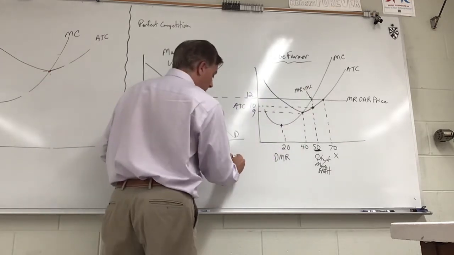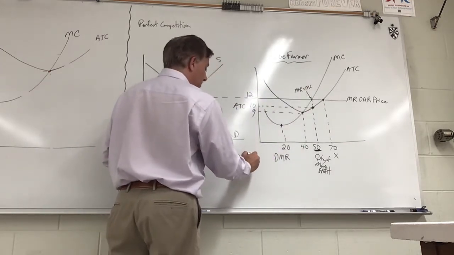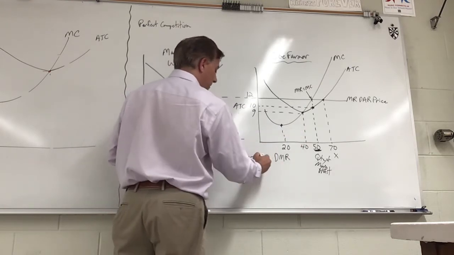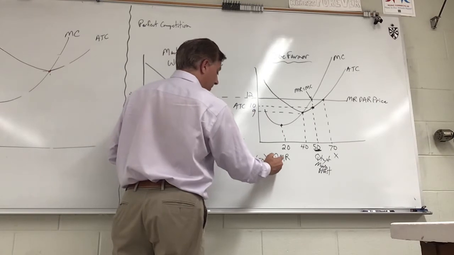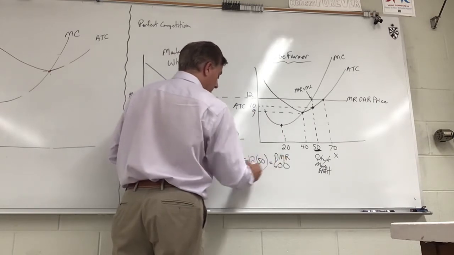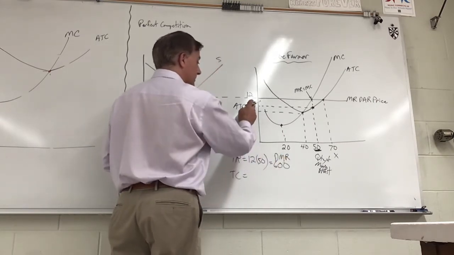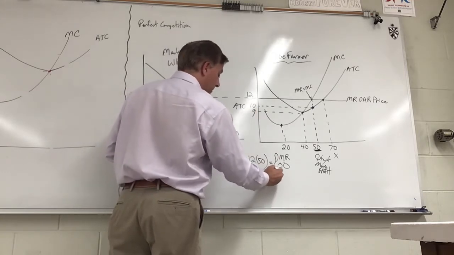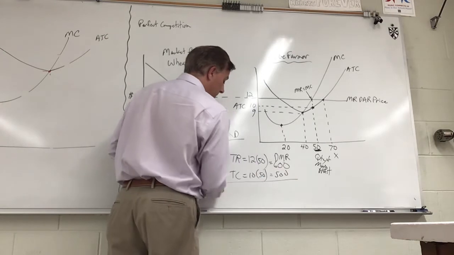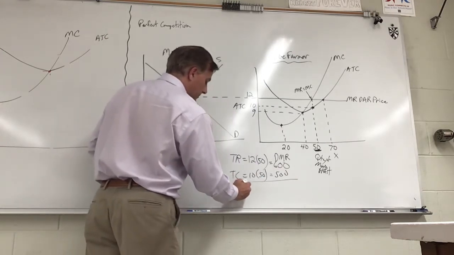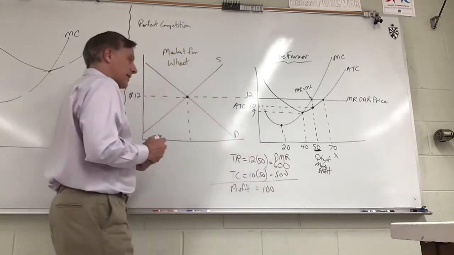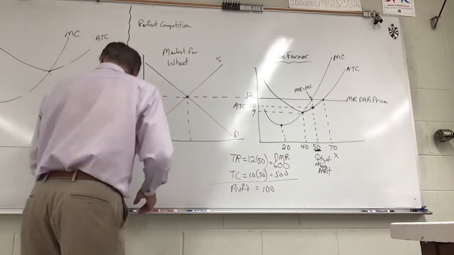All right, so my total revenue equals the price, 12 times 50. That's gonna be 600. My total cost is 10 times the same quantity, 50, which is 500, and my profit is 100. 600 minus 500, okay?